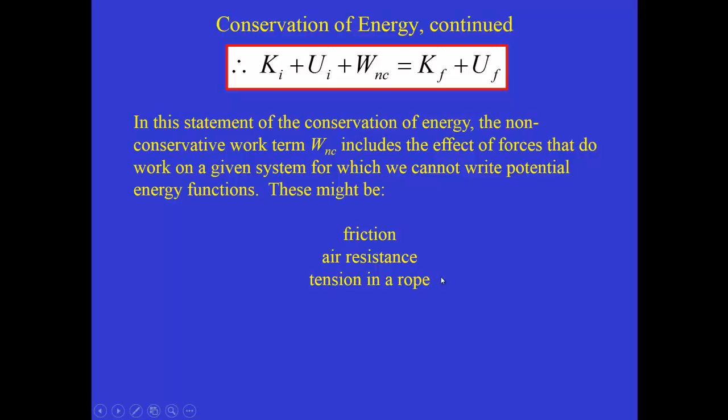If there's an object that's being pulled on by a rope, it's going to have its kinetic energy increase because of the work done by that tension, but we can't write down a potential energy function for the tension in a rope. So those are examples of non-conservative forces for which we might have to calculate the work done in order to use this conservation of energy equation.